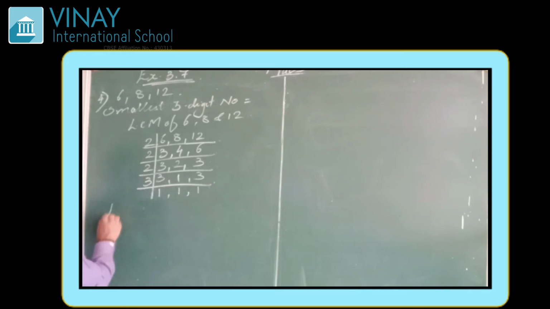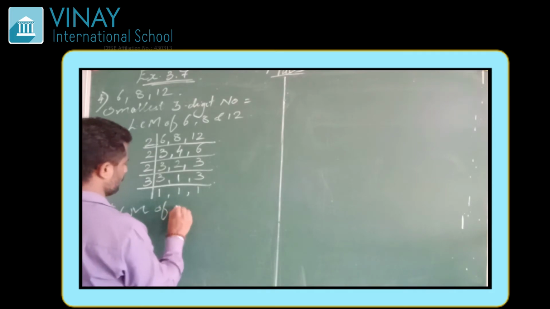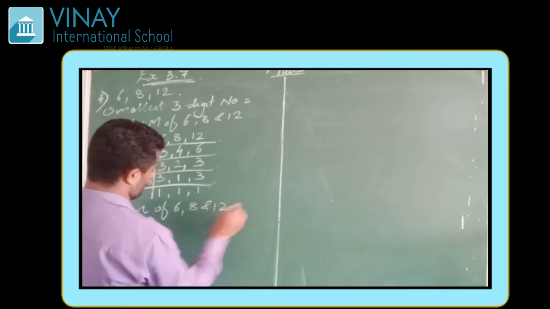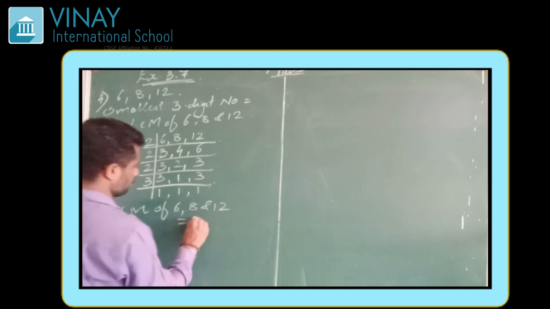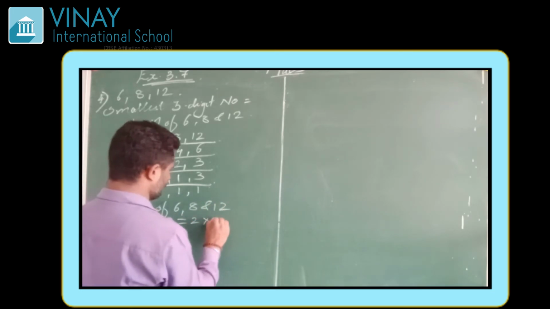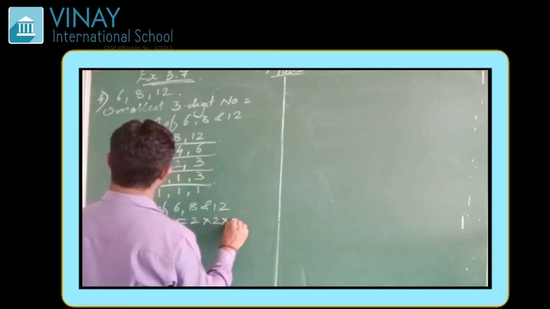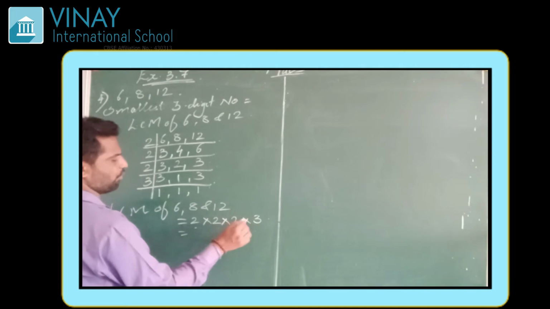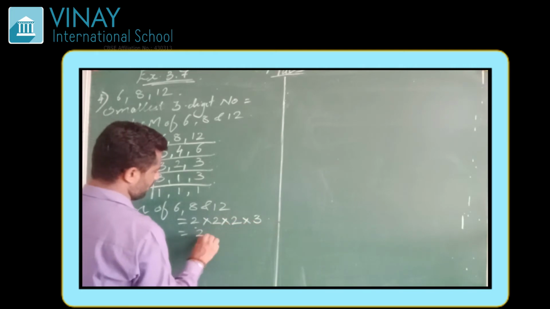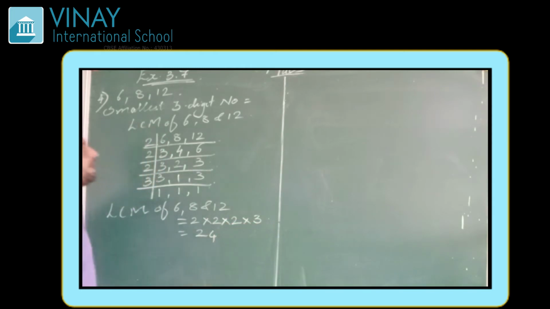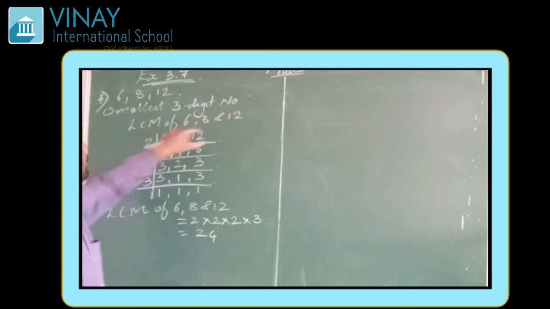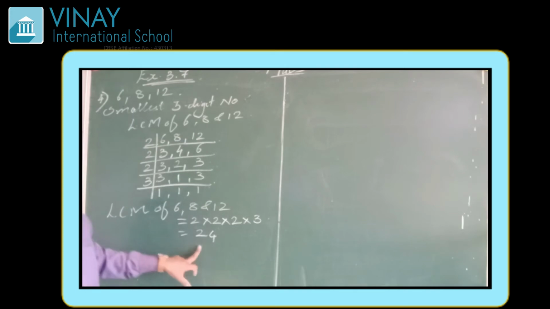Now the LCM of 6, 8 and 12 will be equal to 2 into 2 into 2 into 3. 2 twos are 4, 4 twos are 8, 8 threes are 24. Here we got the LCM of 6, 8 and 12 is equal to 24.